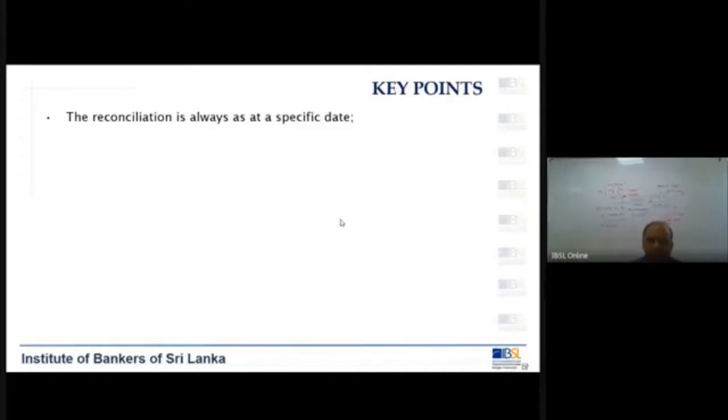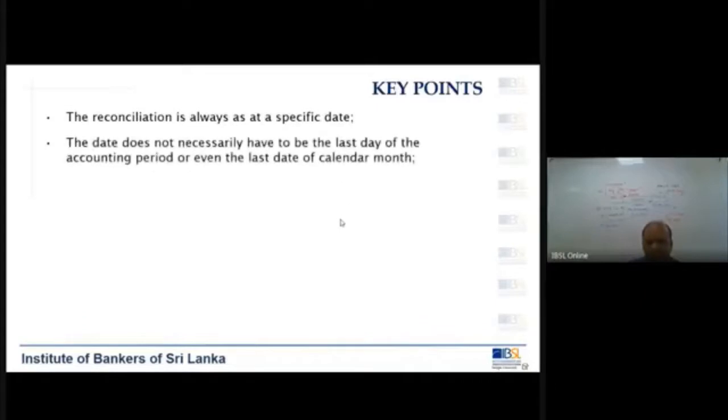But what people generally do, they make a choice. They generally go for a month-end date. So normally they do it as of 31st January or maybe 28th February. Likewise, they define their own time period to do this bank reconciliation.